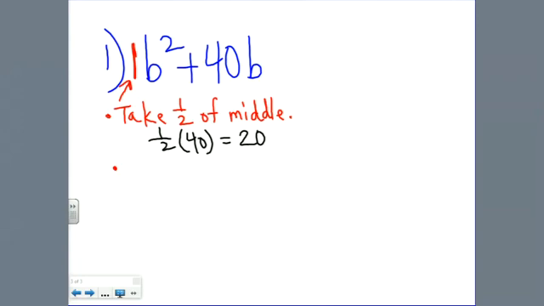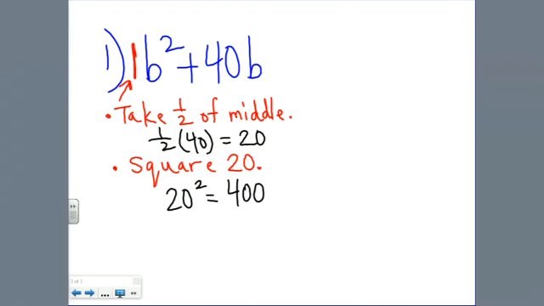And the next step, whatever you got in the first step by taking half of the middle number, you take that number and square it. So 20 squared is equal to 20 times 20, or 400. So that number would make the trinomial complete: b squared plus 40b plus 400.